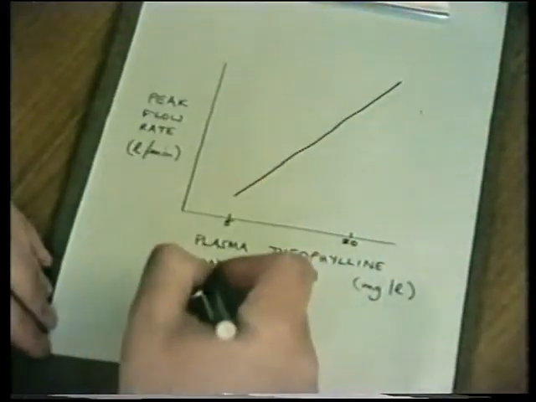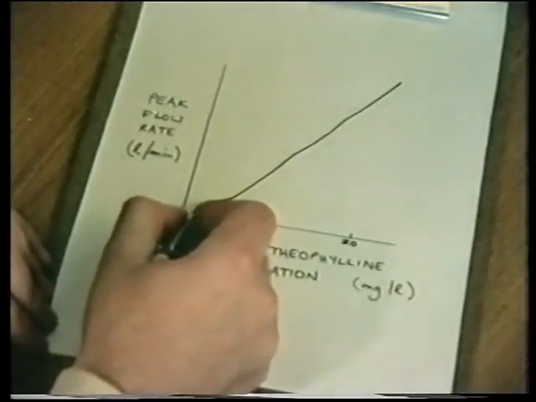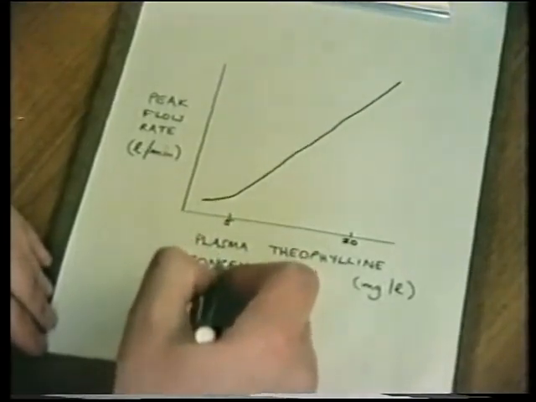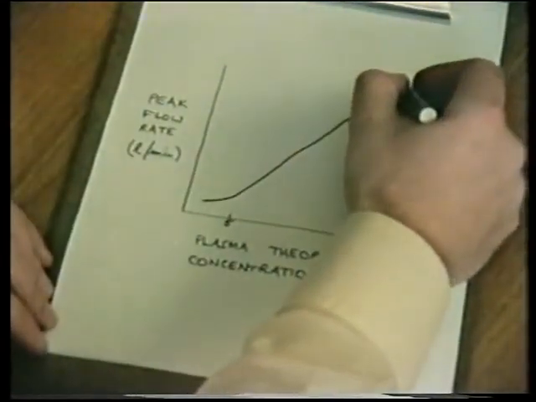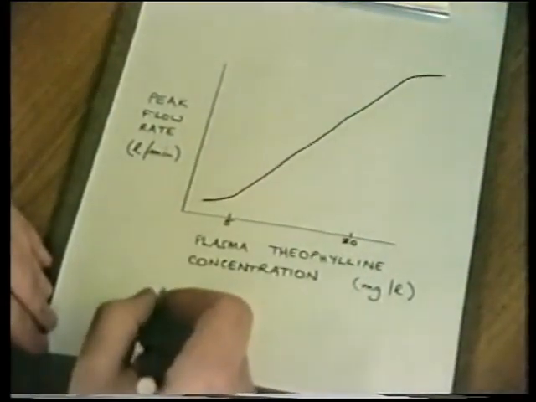In fact, it's a linear relationship between plasma concentrations of about 5 milligrams per litre and about 20 milligrams per litre. The peak flow rate increases linearly with increases in plasma theophylline concentration. If the plasma theophylline concentration is less than 5, there's very little effect. And at values greater than 20 milligrams per litre, there's very little additional beneficial effect.